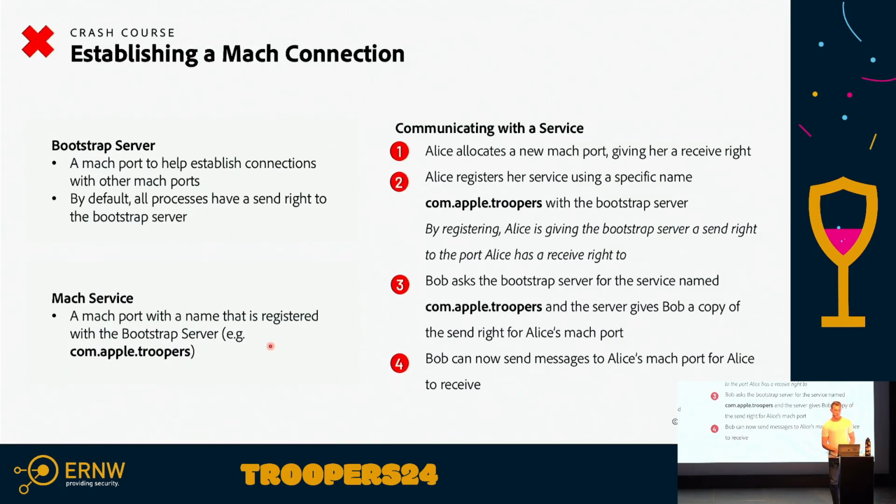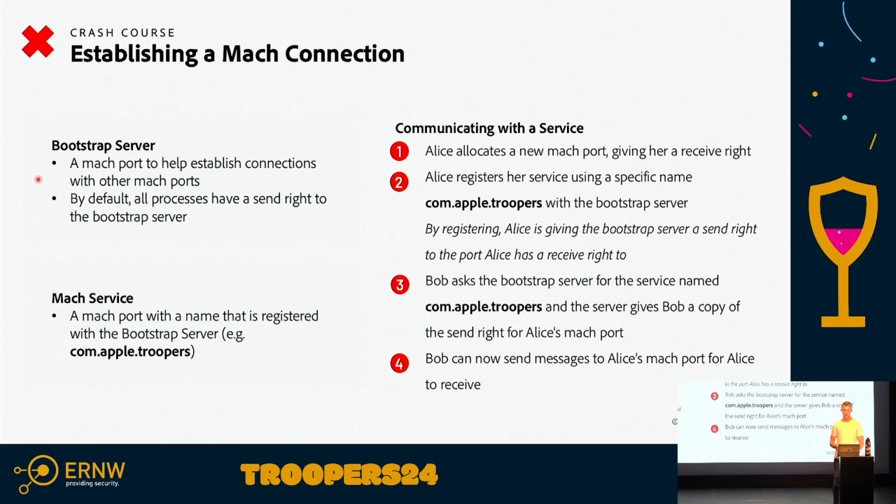Let's go through a basic example of how one would establish a Mach connection using Mach ports and Mach IPC mechanisms. So first, a couple terms. The Bootstrap server is a special Mach port that helps establish and facilitate connections with other Mach ports.